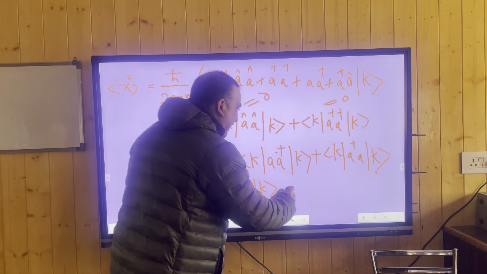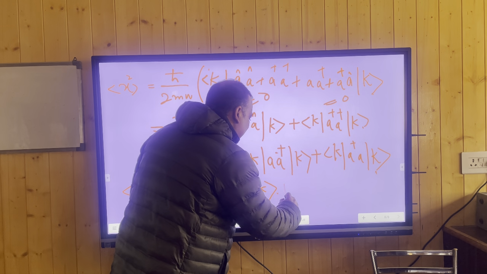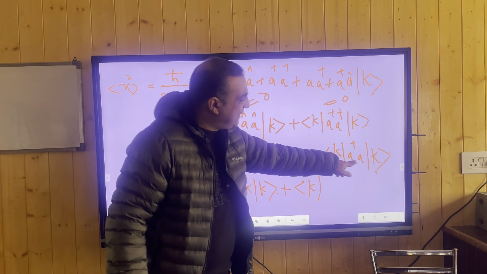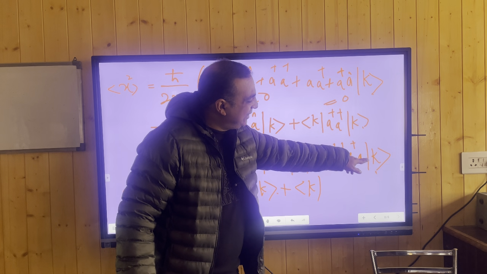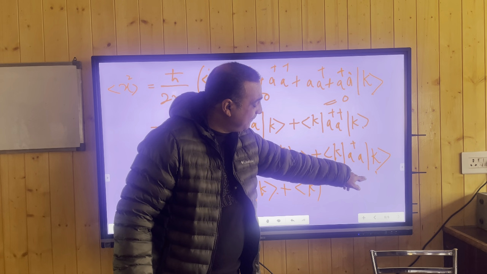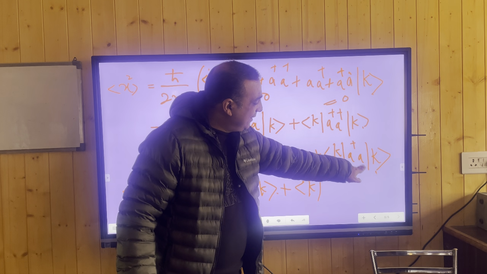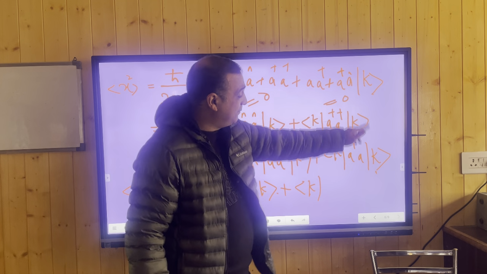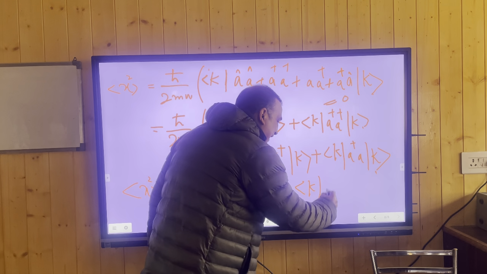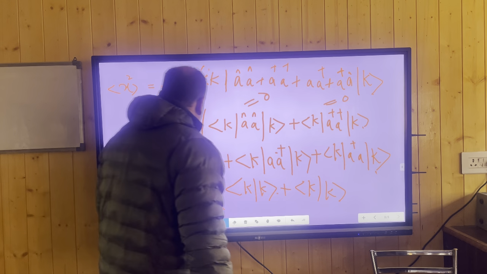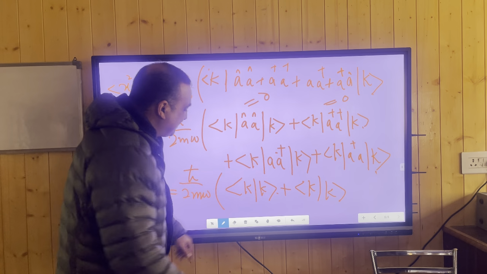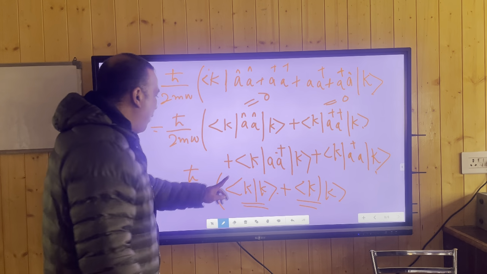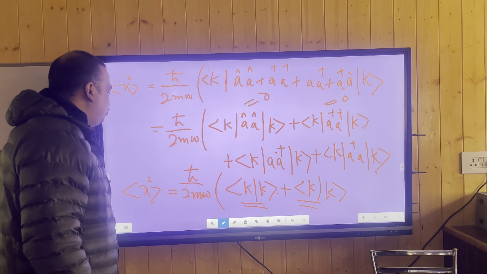Now looking at that, what we will have here is k. Then first we are using the annihilation operator. It will take your state down by 1. Then using the creation operator, it will take the state up by 1. So you will be left with k. And the value of this is equal to 1, and the value of this is equal to 1. So 1 plus 1 is equal to 2.